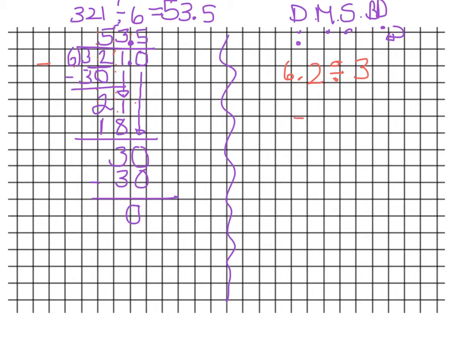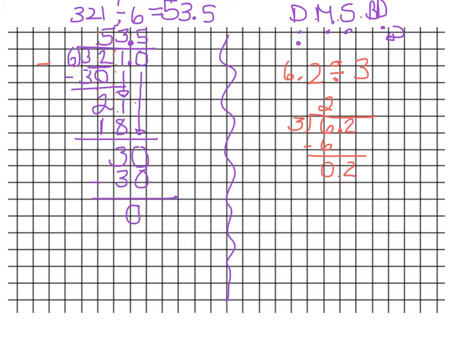So again, I'm going to set that up. My divisor divided by my dividend. 3 goes into 6 exactly twice. 3 times 2 is 6. I'm going to subtract. 6 subtract 6 is 0. I'm going to bring down the 2.